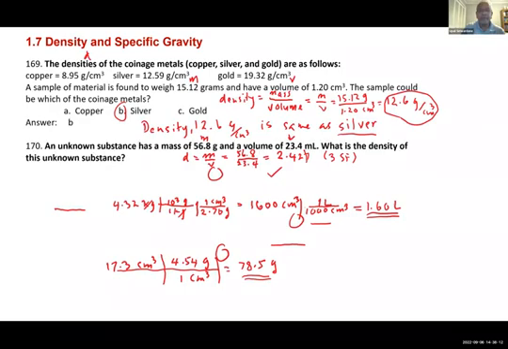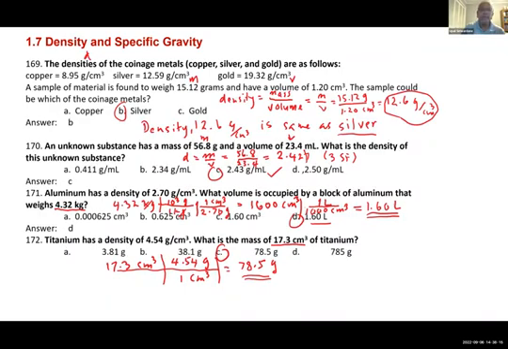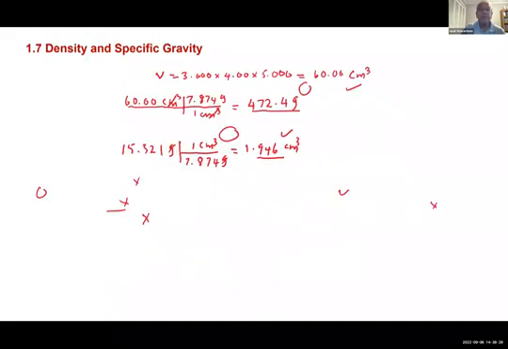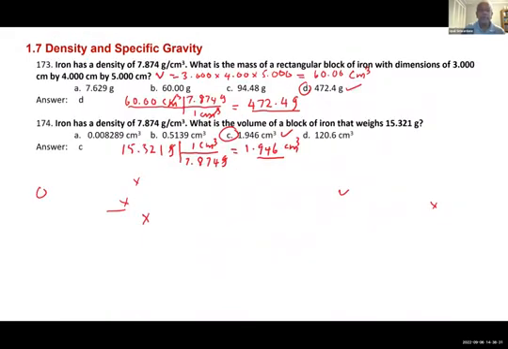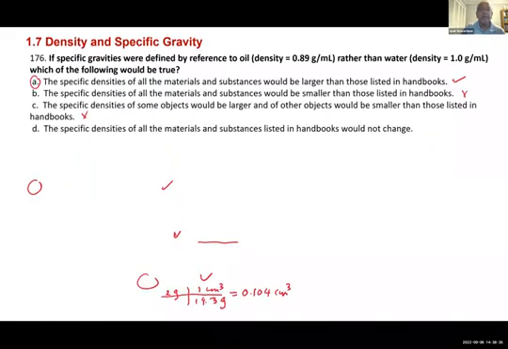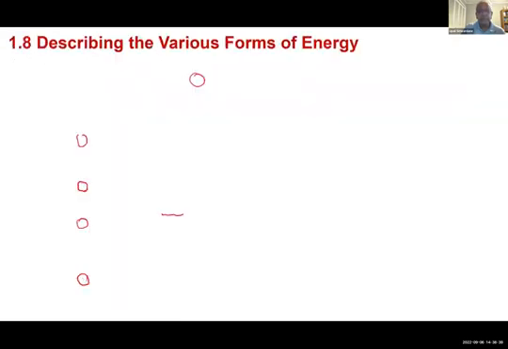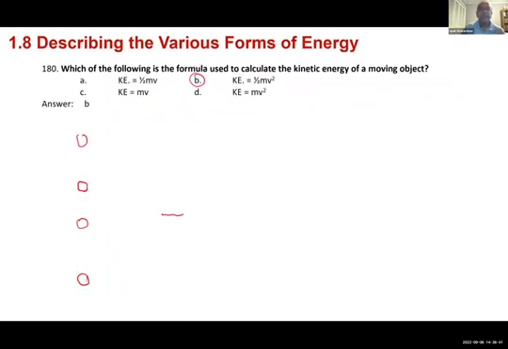There are calculations I went over here, how to calculate mass given the volume and density, or given the volume, how to calculate grams from the density. So these questions you should go through, okay? Specific gravity, we talked about it. There are certain questions about specific gravity.